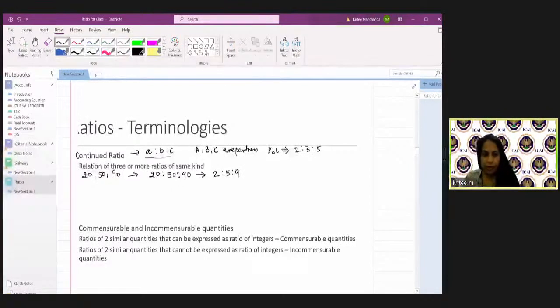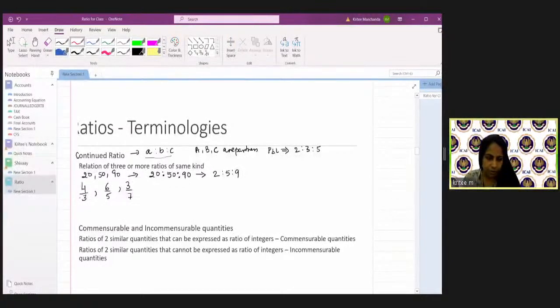Okay, we can even do this with fractions. Say for example, if I have 4 by 3, 6 by 5 and 3 by 7, and I have to present it in the form of continued ratio. How would I do it? In order to represent this ratio in the continued form, there's a trick.